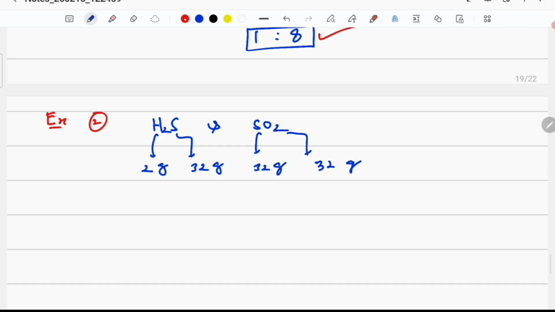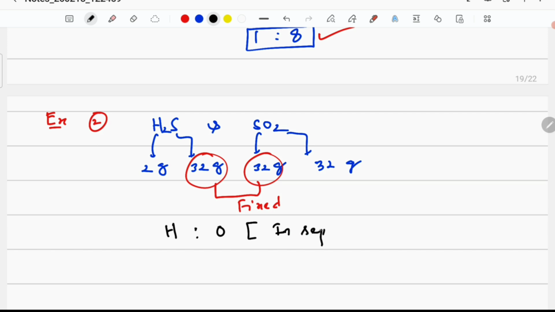So now here it is fixed, 32 grams, 32 grams. Here it is fixed in both the compounds. So now we need to take the ratio of hydrogen to oxygen in separate compounds.